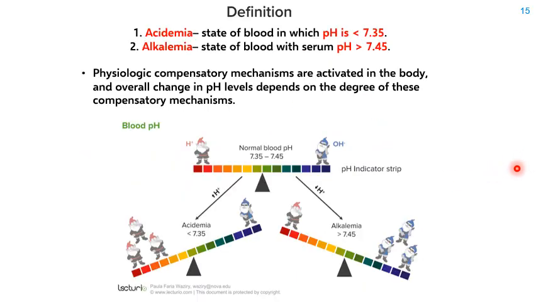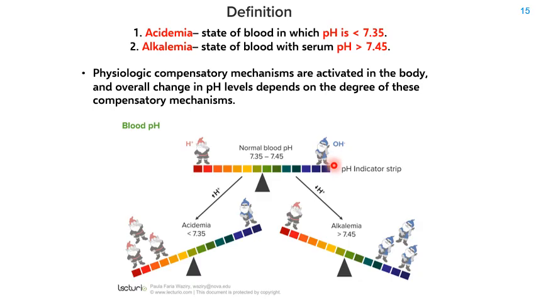So here is just a little diagram showing a state of homeostasis. This is a balance showing that you are in normal blood pH. If you tilt this scale to one side or the other, let's say here, when you have not a lot of hydronium ions, when the arrow is going down here, when your hydrogen ions go down, your blood goes toward alkalemia, and that means it becomes more basic.